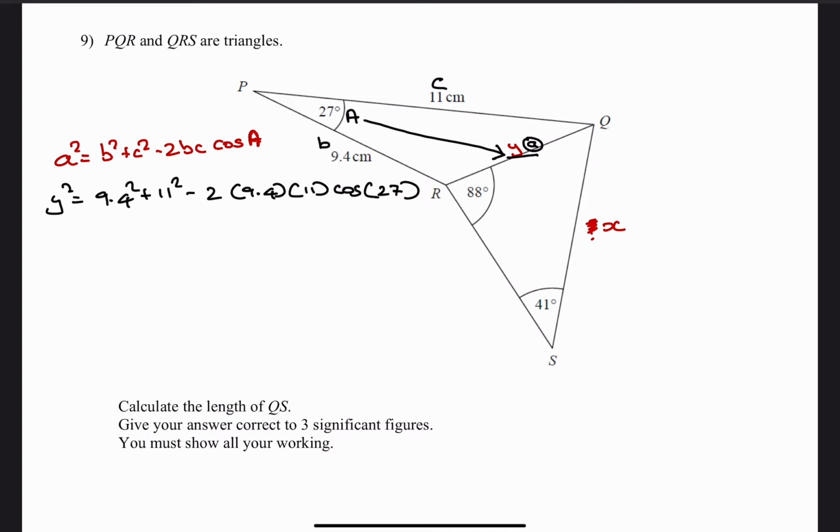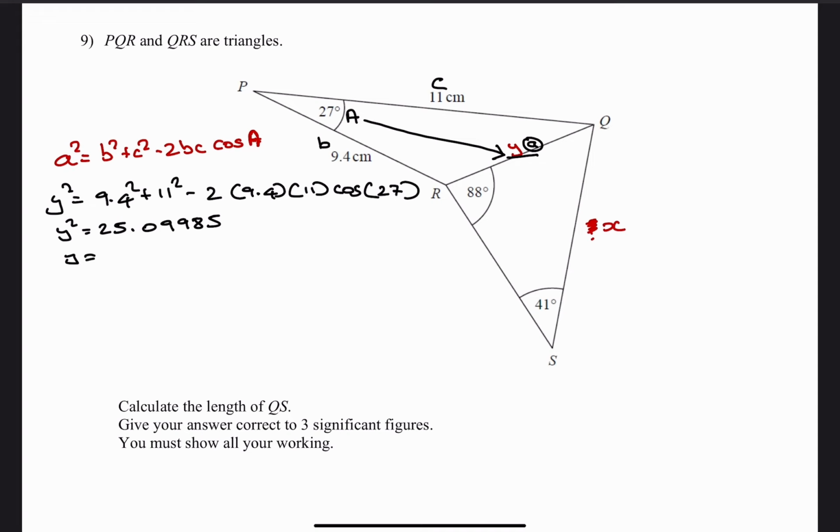I'm making sure the calculator is in degrees. If I type that in, that will give me y squared equal to 25.09985, around that. I'm writing it to more than 3 decimal places, of course. Then y is equal to the square root of that, so put square root of answer, remember, it's easier.